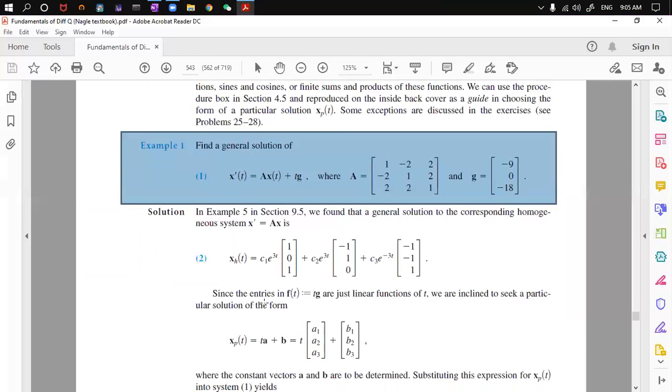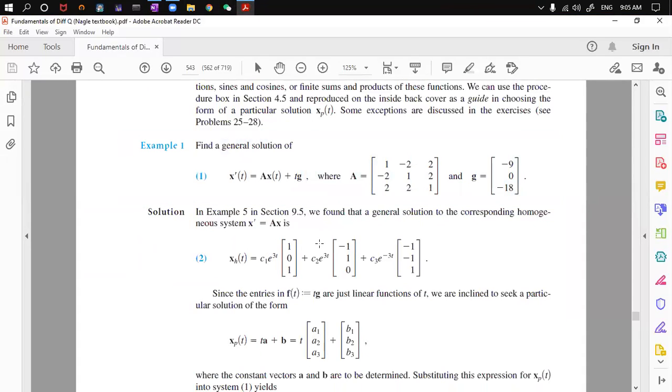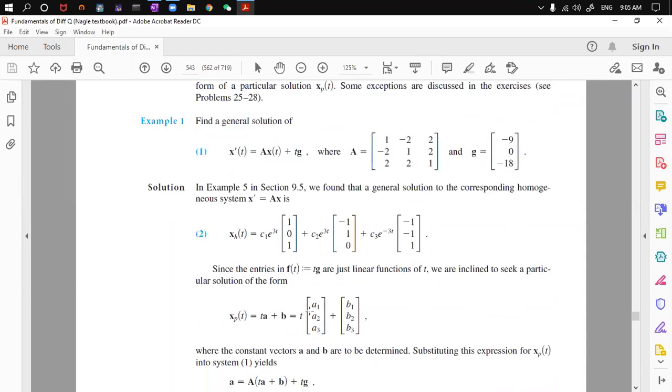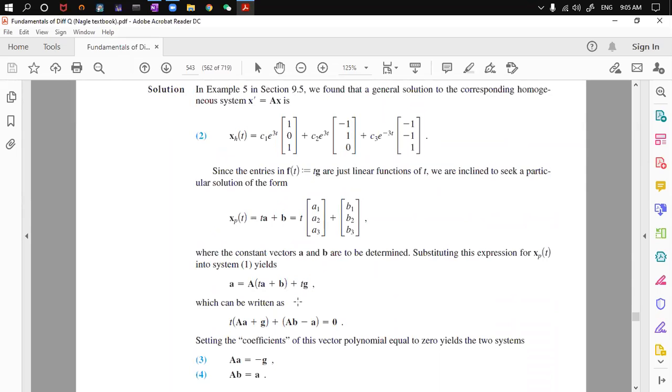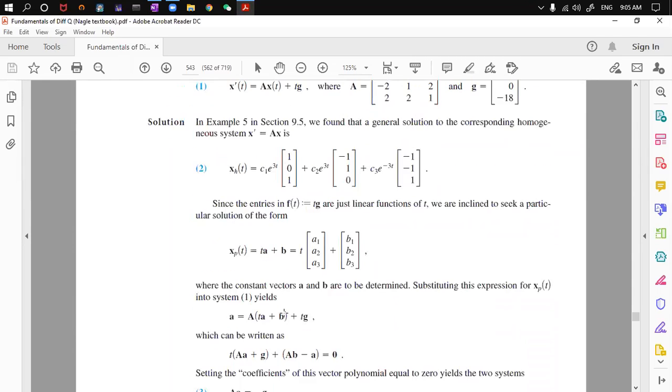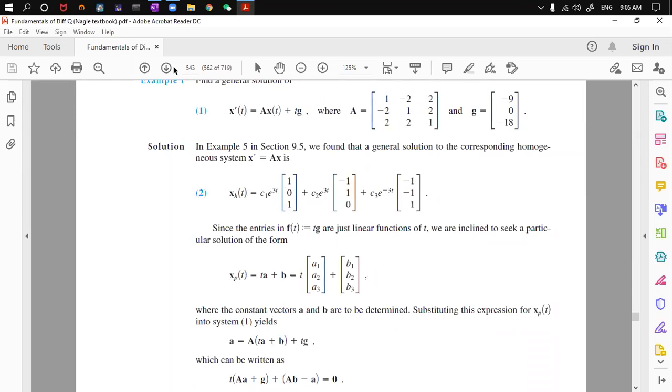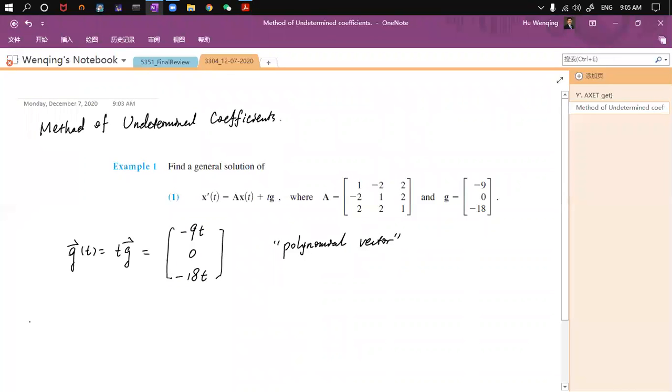So first of all, you have to find a general solution, and once you find it, you're going to find a particular solution. So we first look at the complementary equation, x c prime is equal to A x.